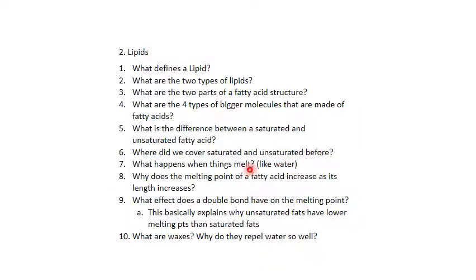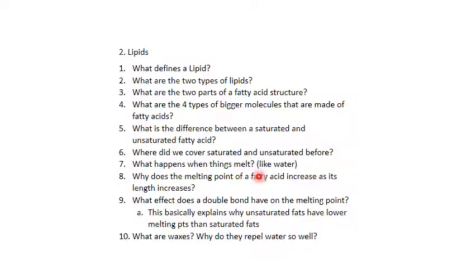Okay, now how does that relate to what we're talking about? Well, in the diagram, it showed you fatty acids that have lots of carbons will have high melting points. And why is that? Well, long fatty acids can have a lot of interactions because their tails wrap around each other, tangling up.